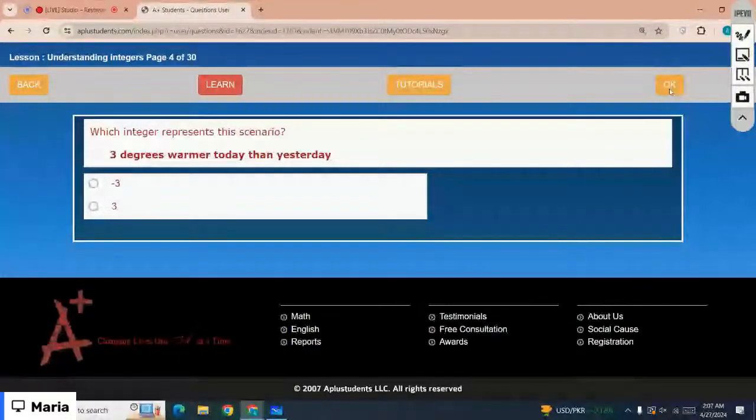Which integer represents the scenario? 3 degrees warmer than yesterday is the correct option. That is an increase, right? Because the temperature increases by 3 degrees.